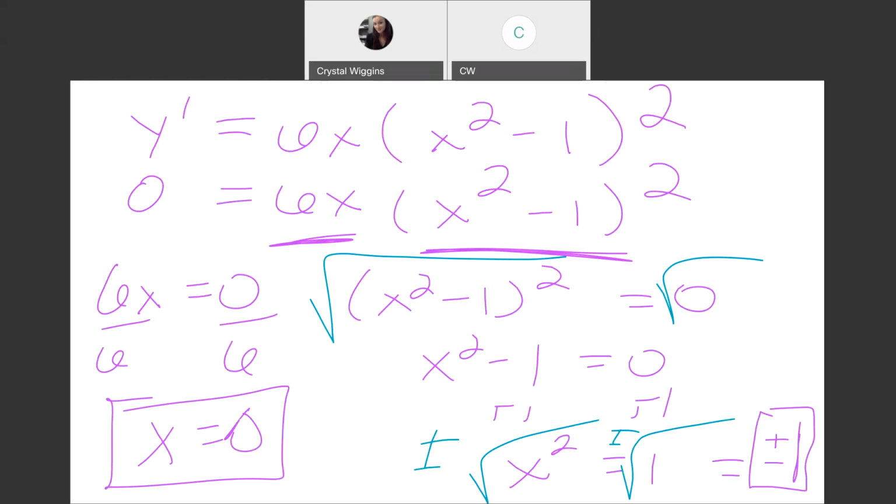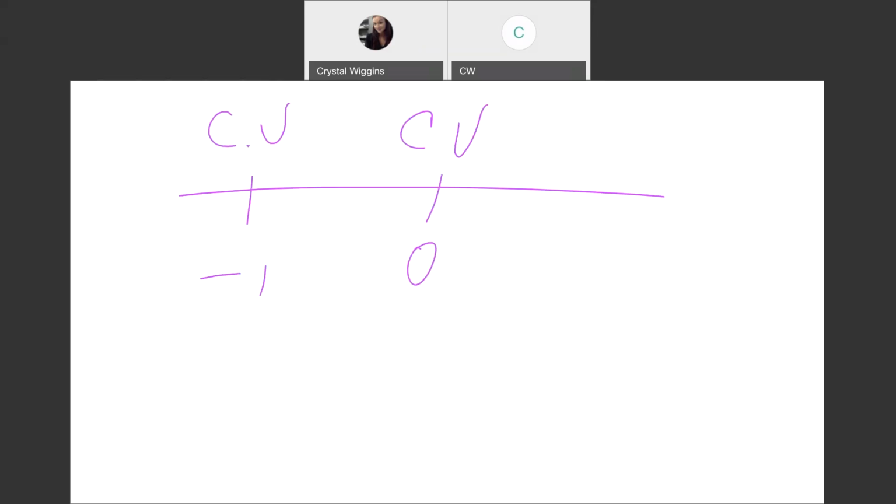Let's draw a number line to visualize our test points that we need to pick. So now what we found is we have a critical value at -1, we have a critical value at 0, and we have a critical value at +1. We need to determine which ones are mins or maxes or which are neither. They're inflection points.